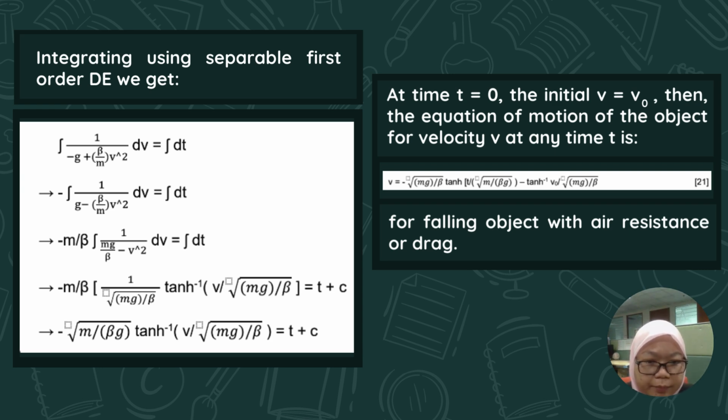At time equal to 0, the initial v equals the initial velocity.